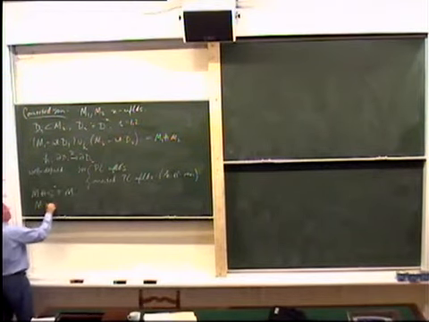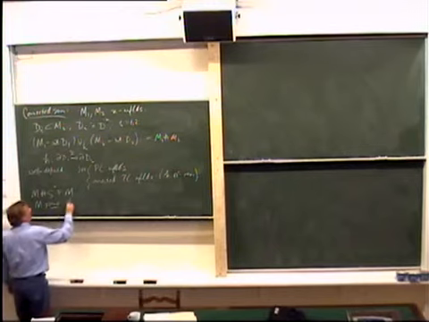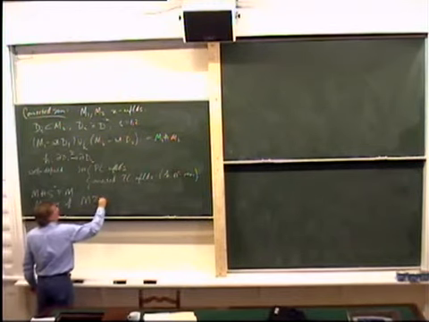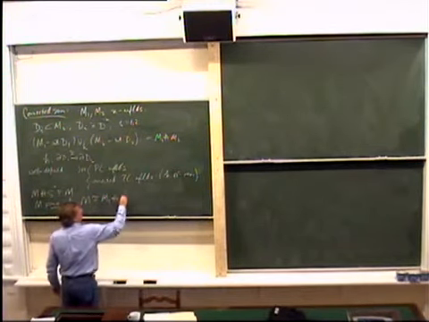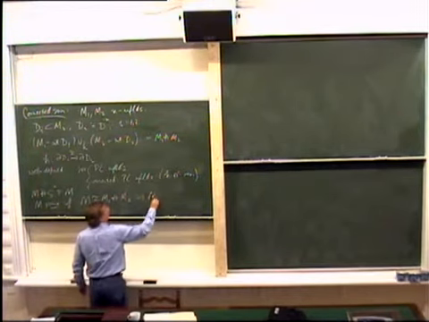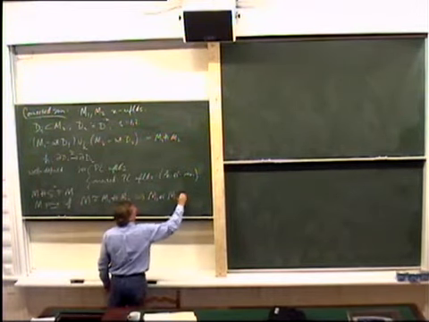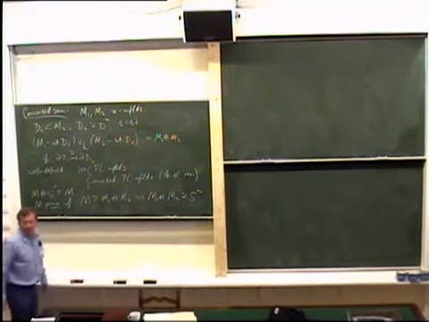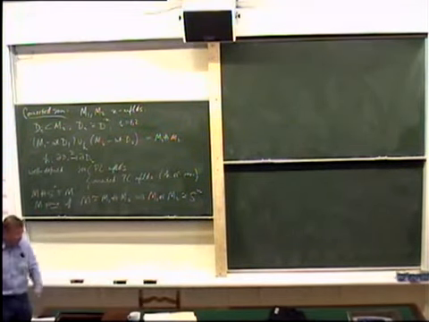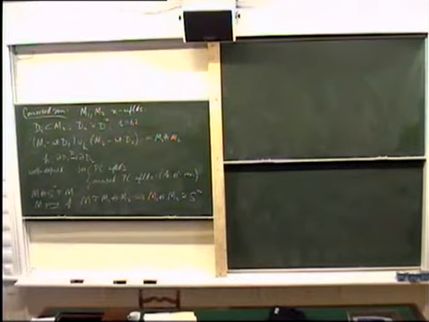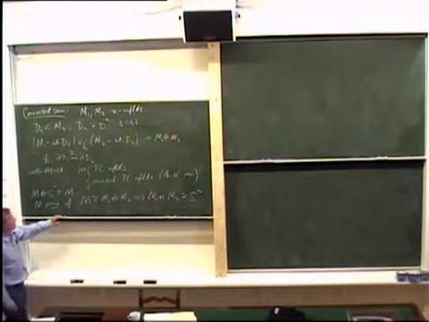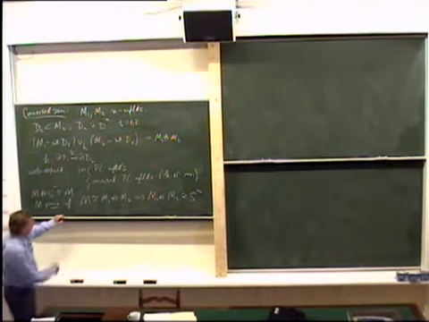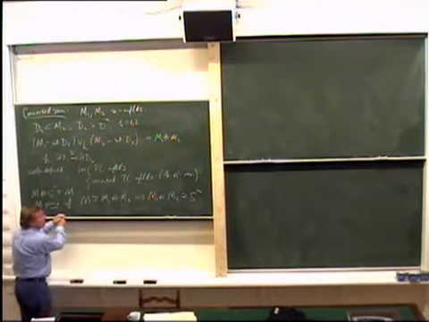So M is prime if and only if M homeomorphic to M1 connected sum M2 implies that M1 or M2 is homeomorphic to the sphere. So in dimension 2, there are only two prime manifolds, the torus and the projective plane, and everything is a sum of prime manifolds. Okay, so that's dimension 2.